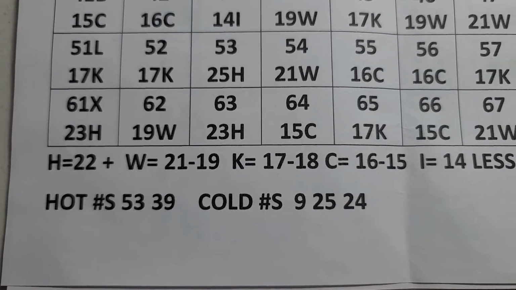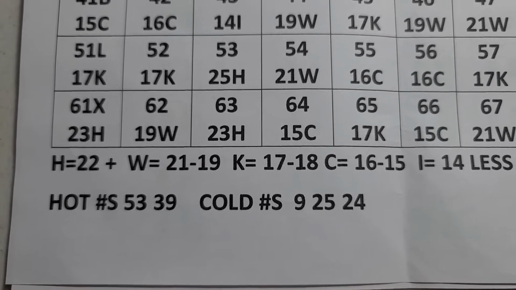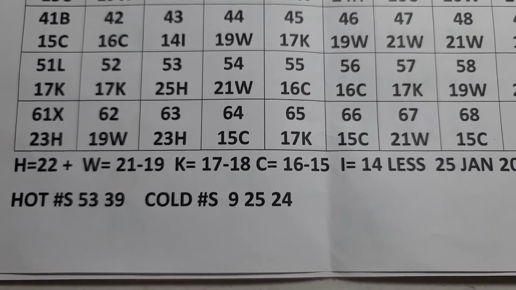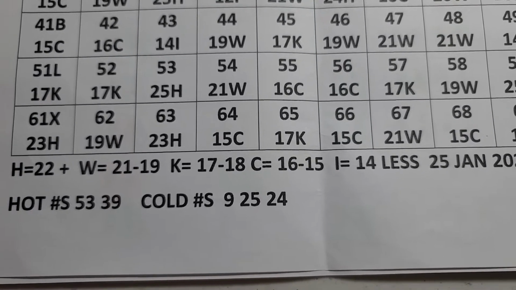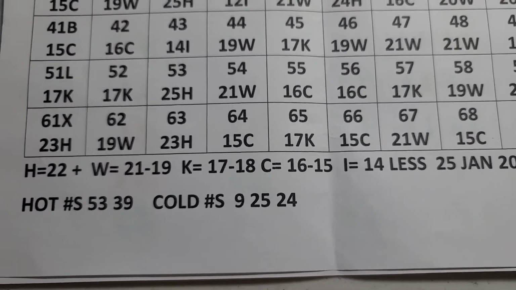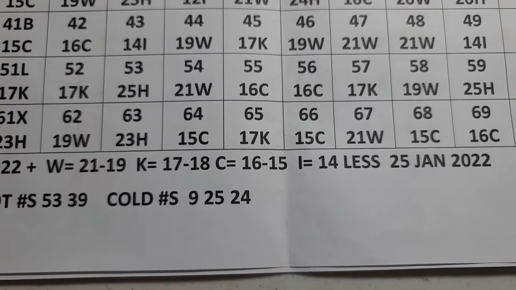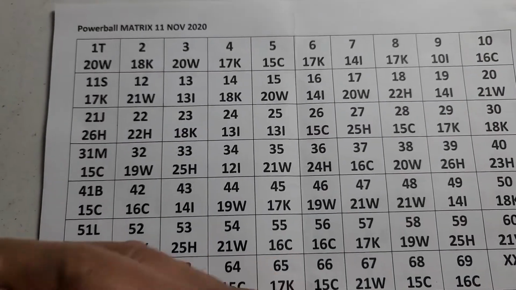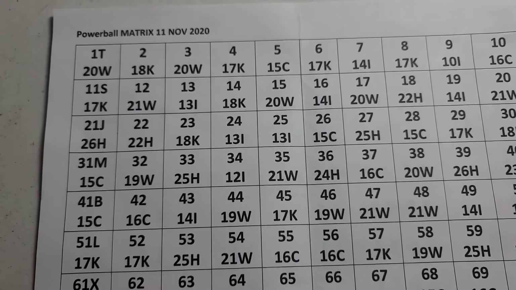The K numbers, or cool numbers, repeated 17 through 18 times. The C numbers, or cold numbers, repeated 16 through 15 times. And then you have the icy numbers, which appeared 14 times or less. So that's what the letters below each of these numbers mean.